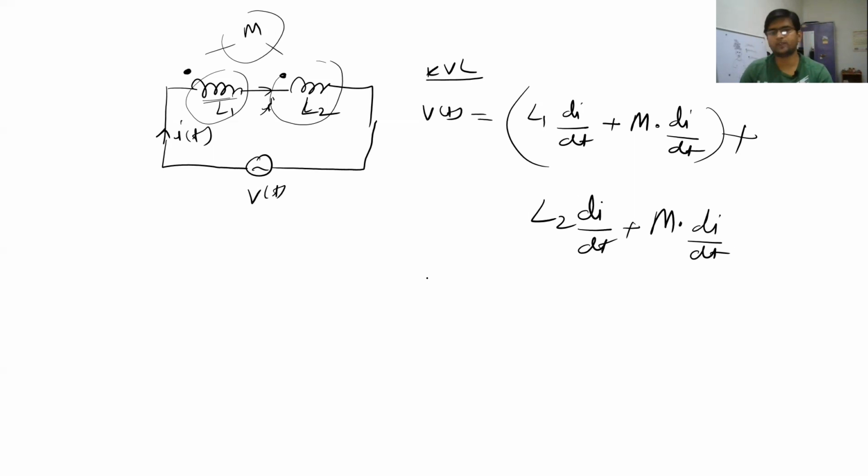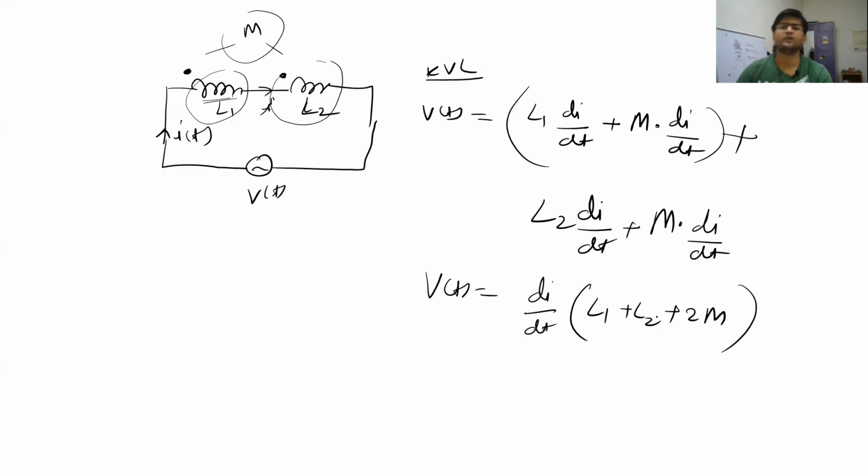So you can directly write Vt is equal to, let us take di upon dt common. So you will have L1 plus L2 plus 2M. So for a circuit like this, if the two inductors are in series and having the same dot convention, their equivalent inductance value will be the summation plus two times the mutual inductance.